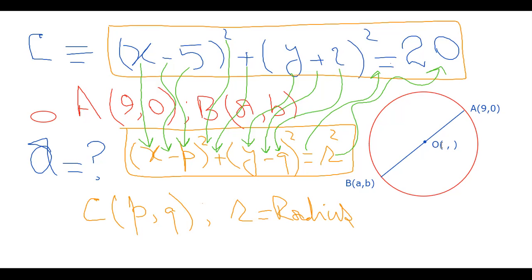So P is 5. Absolutely right. P is 5. Then what is Q?